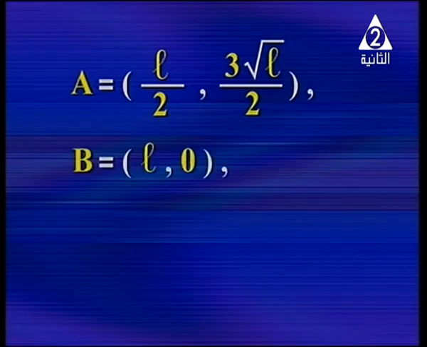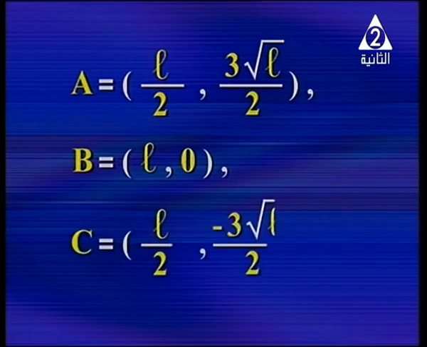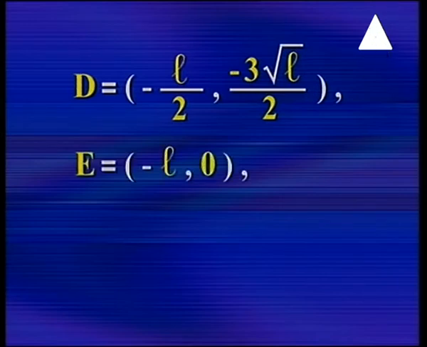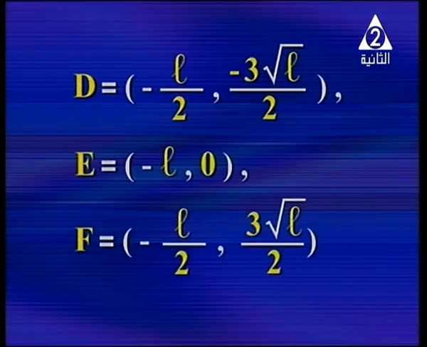Point B, coordinates L, 0. Point C, L over 2 and negative root 3 L over 2. Point D, negative L over 2 and negative root 3 L over 2. Also point E, negative L and 0. F is the point with coordinates negative L over 2, root 3 L over 2.